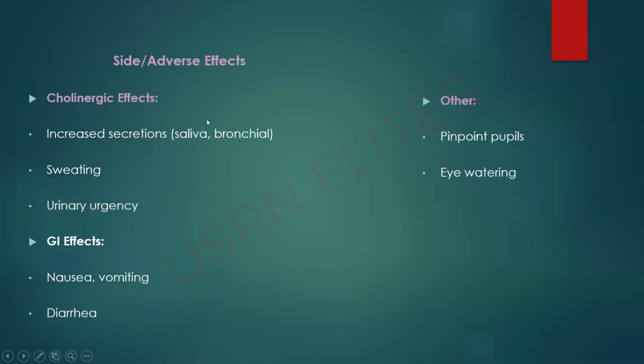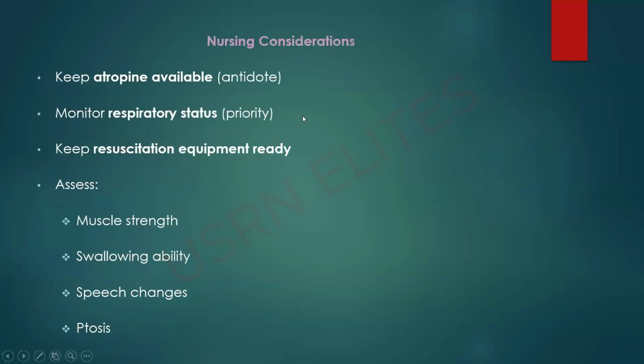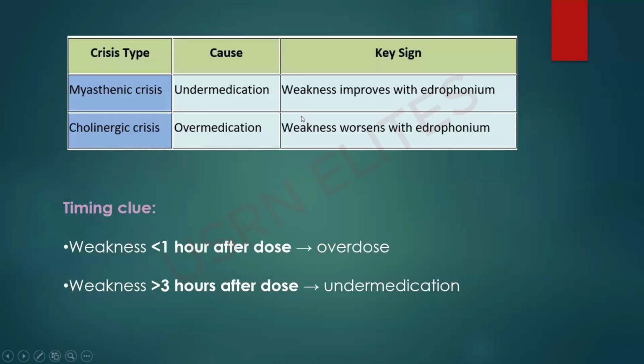Can you make some clarification for me? I have some questions. Please, can you go back to the table where you did the comparison between myasthenia gravis and cholinergic? Does the cholinergic crisis and myasthenic crisis have the same symptoms? That's one part of the question.